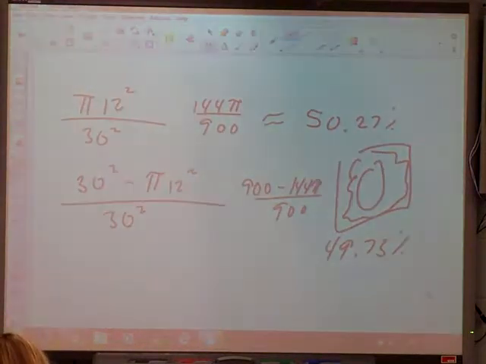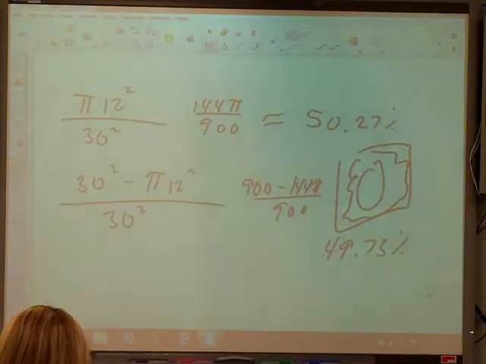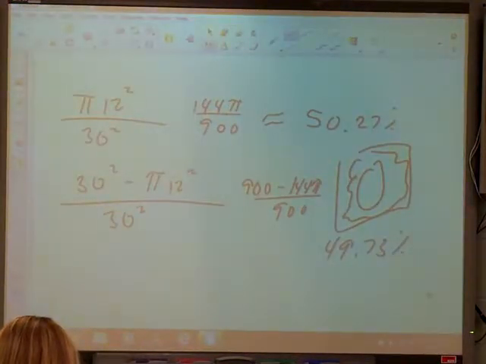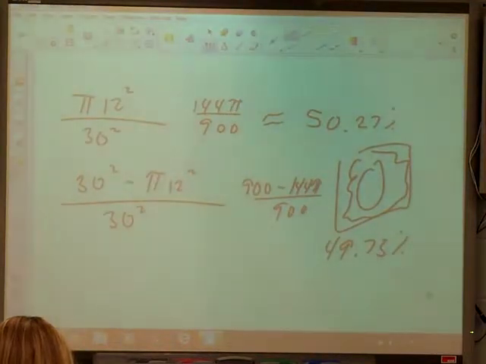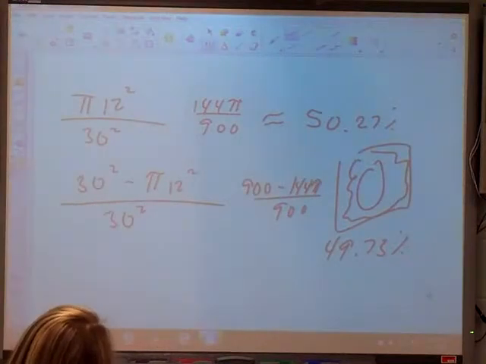Okay, part C was the one where I saw the most wrong answers. Part C says, in order for you to win the prize, you've got to hit the circular region with 3 consecutive darts. What's the probability of that? Well, that goes back to your A answer. I got 50.27% of hitting it one time. I've got to do that 3 times in a row.